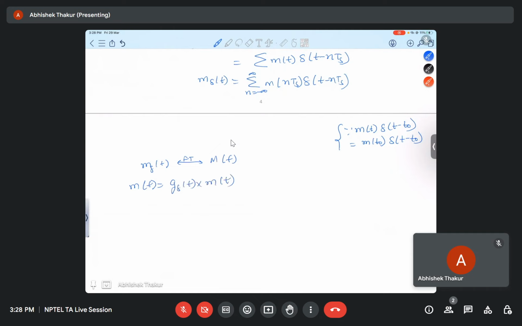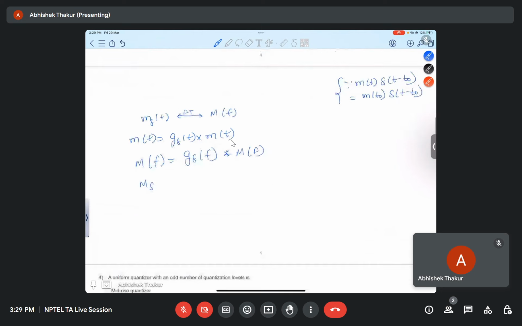So when we take the Fourier transform, this will become G(f), the delta train, convolution with M(f). Because if two signals in the time domain are in multiplication form, in the frequency domain it will be in convolution form.